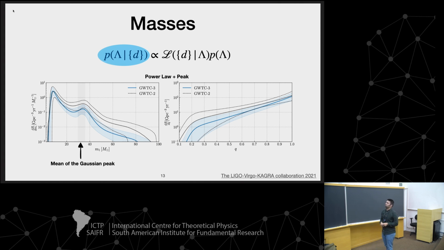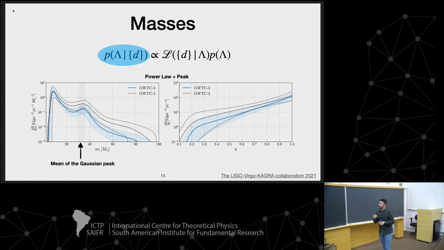In this plot, you see the primary mass distribution, the one that was constrained with GWTC-3, the blue line with the shaded area, and the one that was constrained on GWTC-2. On the right, instead, you see the mass ratio, so the ratio between the two masses, and again, you can compare what was done during GWTC-2 and what was done during GWTC-3.